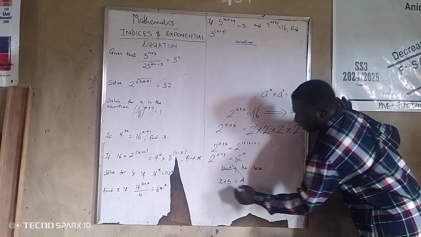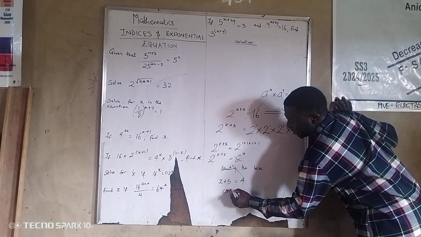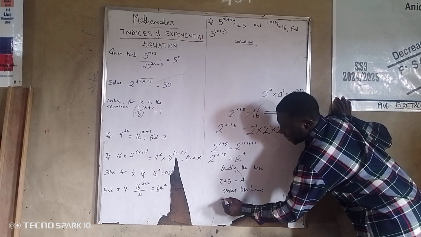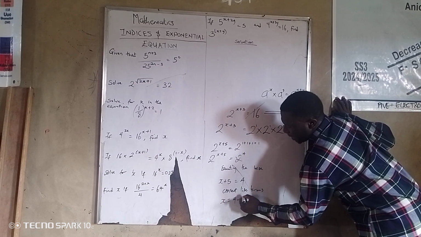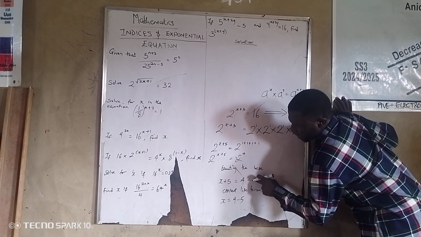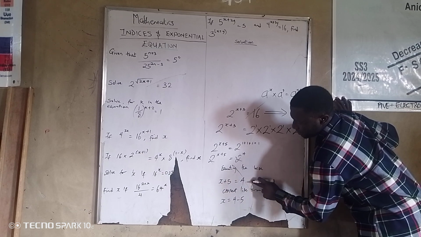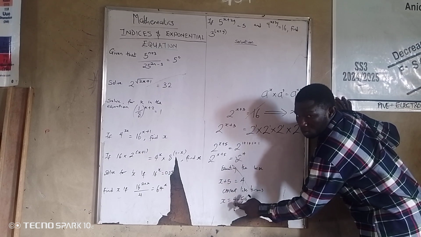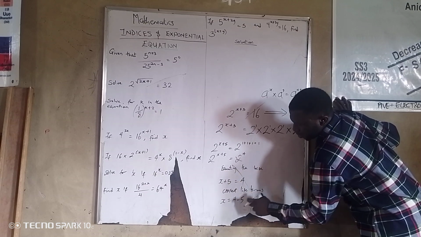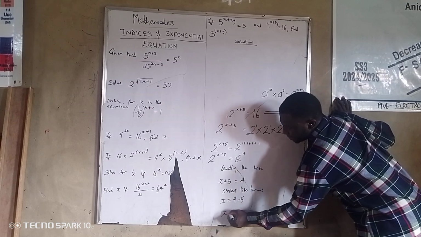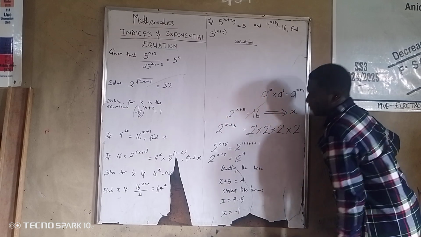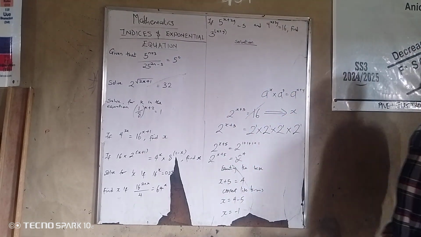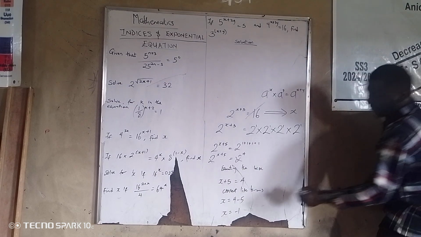Then you collect like terms. x equals 4 minus 5, because plus 5 crosses to this side and the plus changes to minus. So 4 minus 5 is minus 1. x is minus 1. This is the final answer.